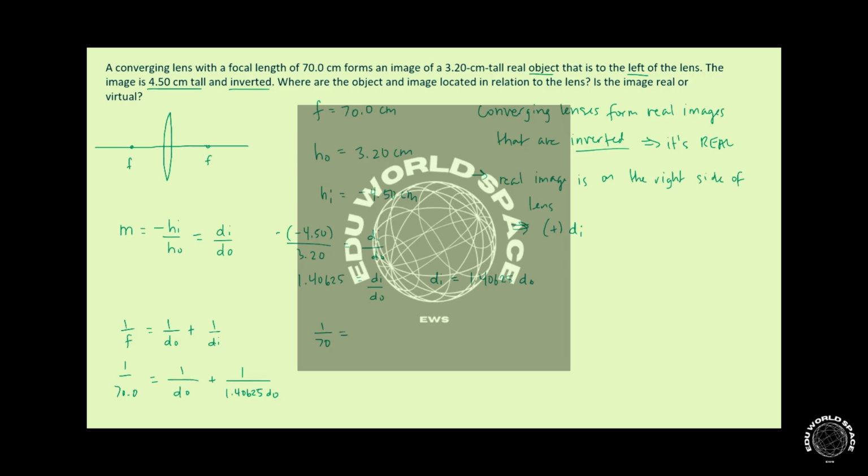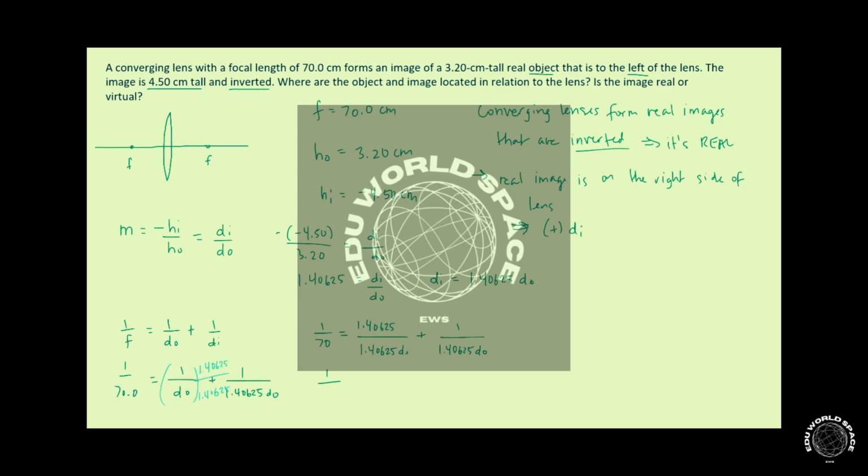So we'll multiply this by 1.40625 over 1.40625, and we're going to have 1.40625 over 1.40625 DO. By the way, the reason I'm not rounding this right now is so that I can have the most precise value at the end when I round my final image and object distances.